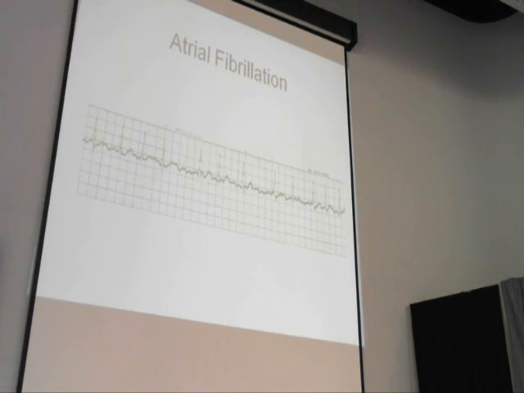All those little squiggly lines are fibrillation waves. So in atrial fibrillation, if we were to count all the fib waves, it could be anywhere from 350 to 650 per minute.